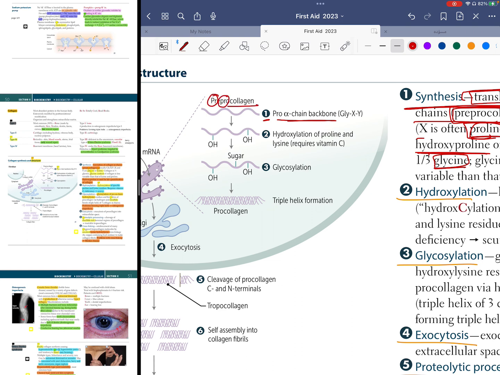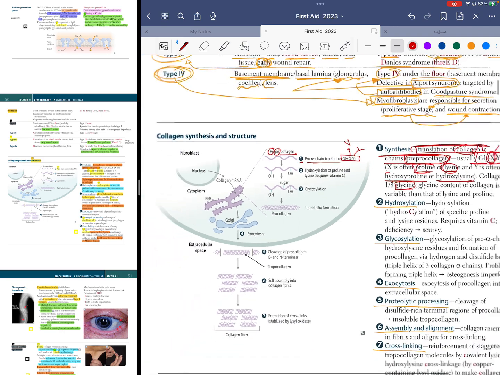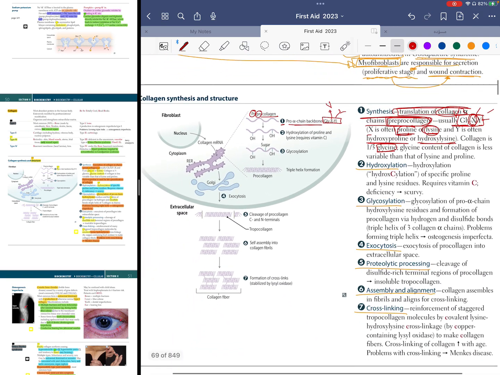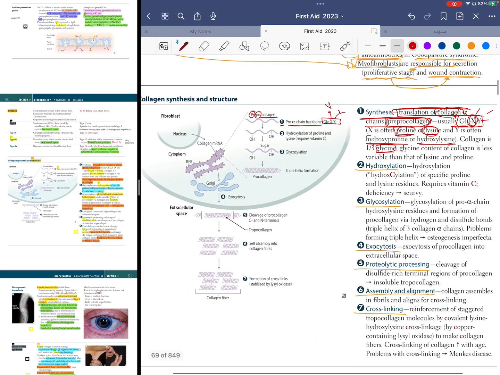Pro-collagen has glycine-X-Y, and the X could be two things, and the Y could be two things, and we talked about those. We already talked about the glycine content.